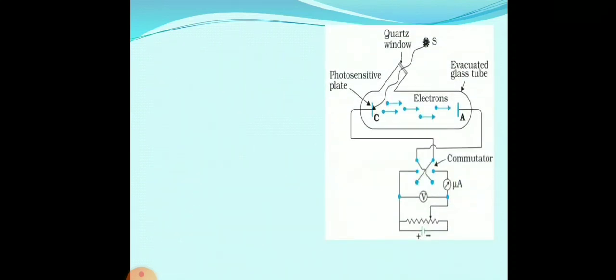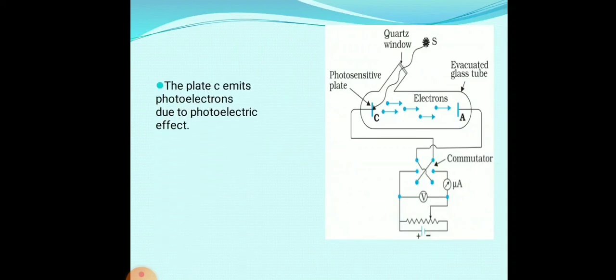This is the diagram of the photoelectric effect. The plate C emits photoelectrons due to the photoelectric effect. On the left side we see C emitting the photoelectrons.